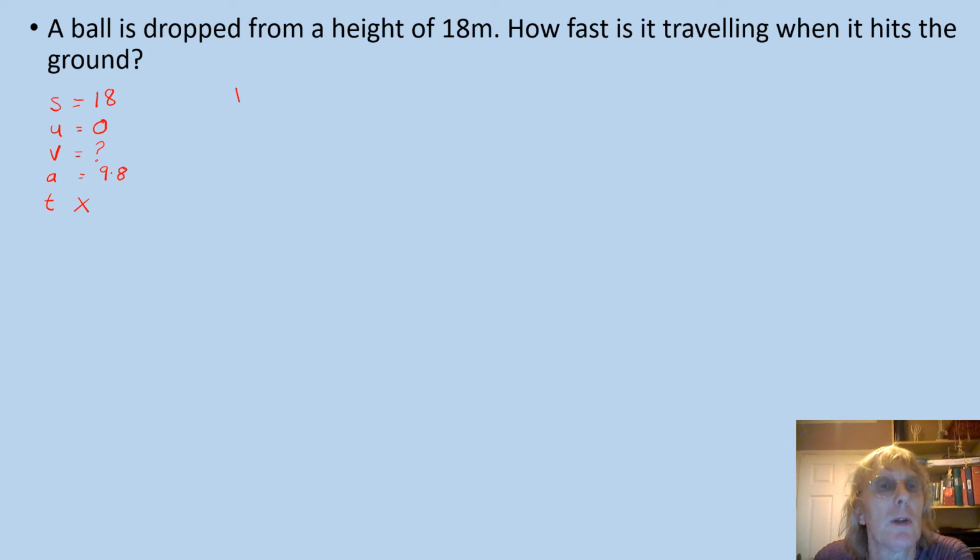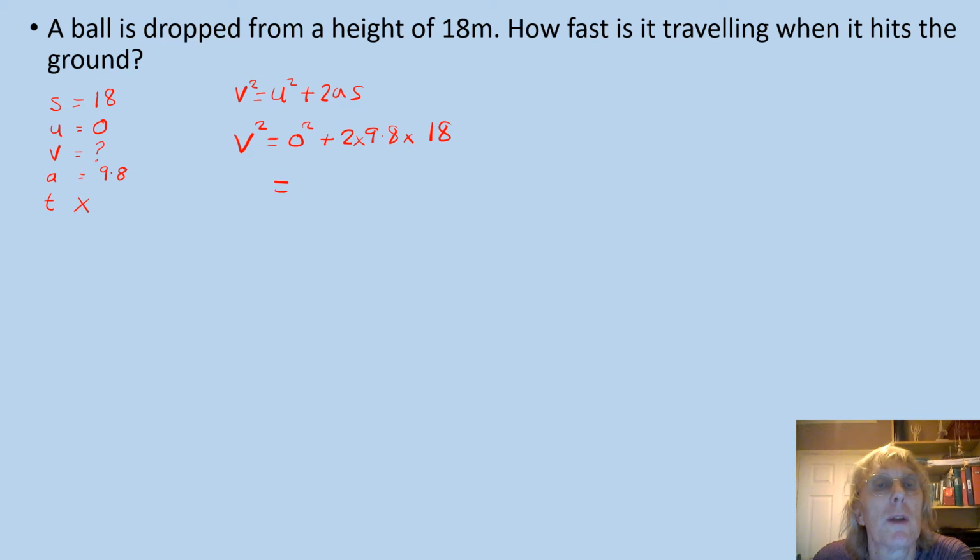So again, we're going to use V squared equals U squared plus 2AS. So V squared equals U squared, which is 0 squared, so that's not going to be anything, plus 2 times 9.8 times, and S is 18.